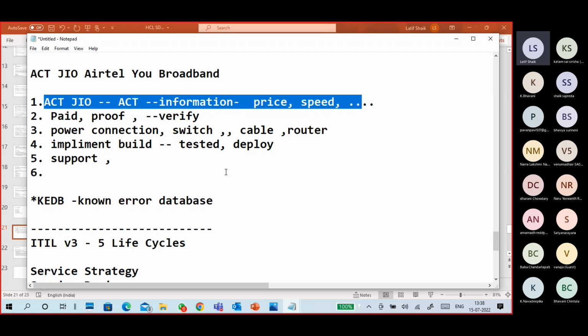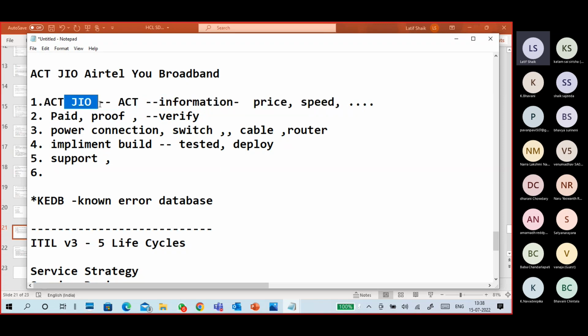Because of that, demand increased. Even Jio suddenly became popular. Jio, the Reliance people, all their businesses improved. Now ACT became weak here, and after this, U Broadband came up, with no demand.